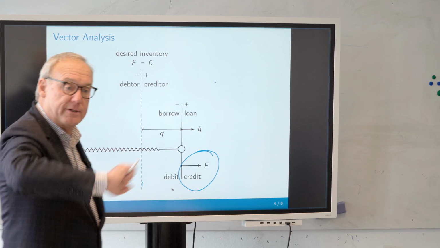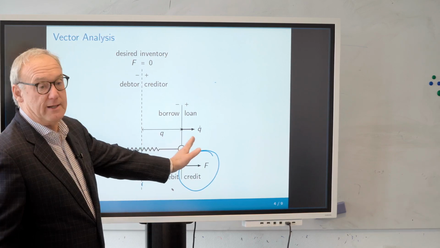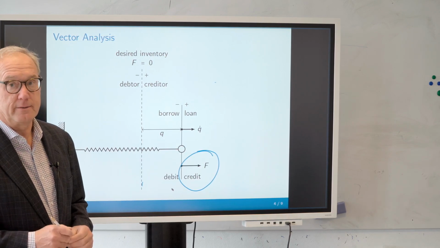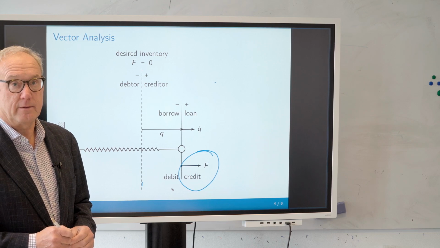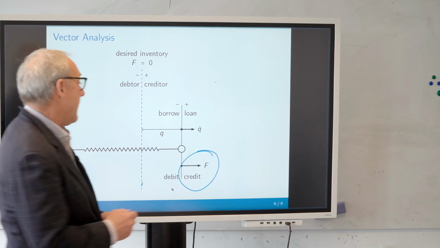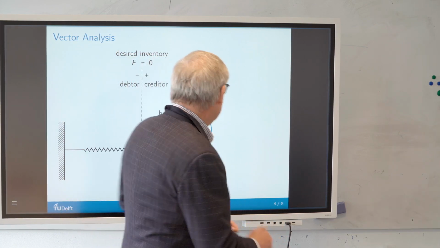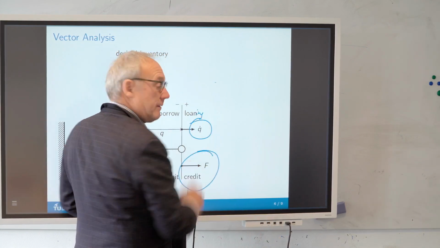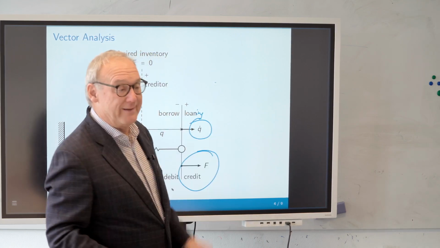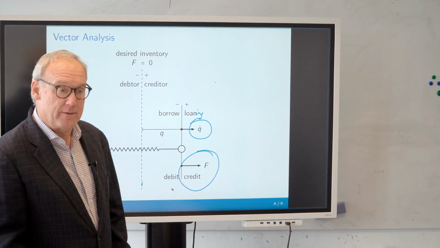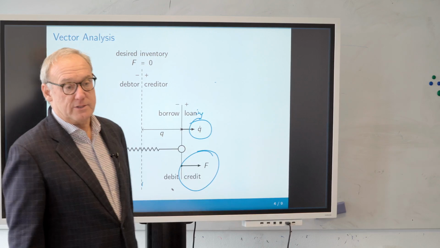It's got to be a positive force, pulling this spring out to extend on the long side. All right? And then the load quantity, the amount you're loading in, this is borrowing, so that's a positive as well, all right?